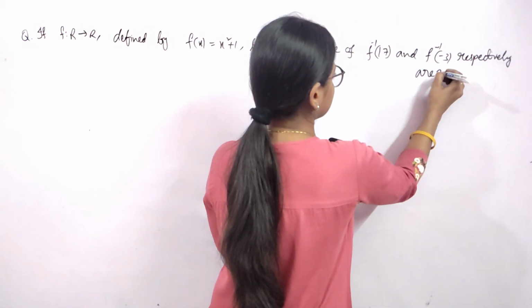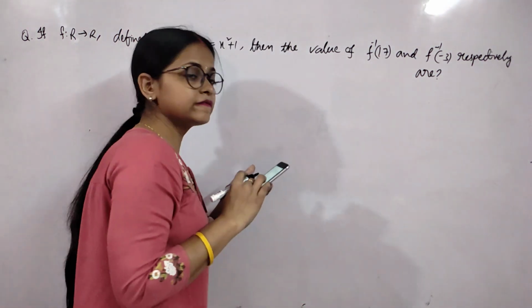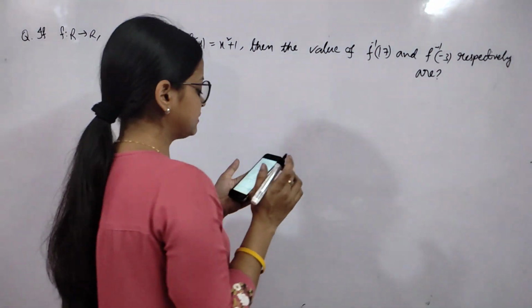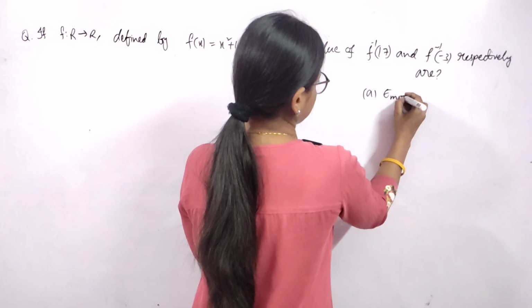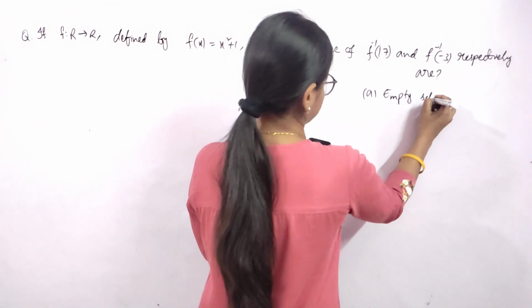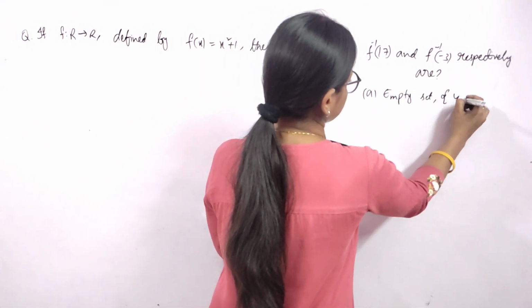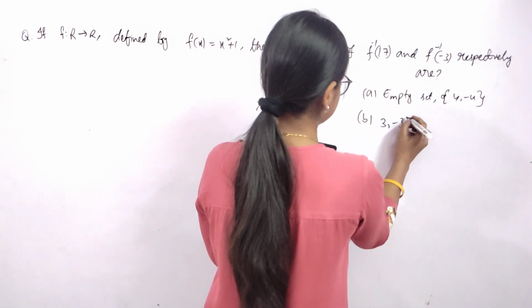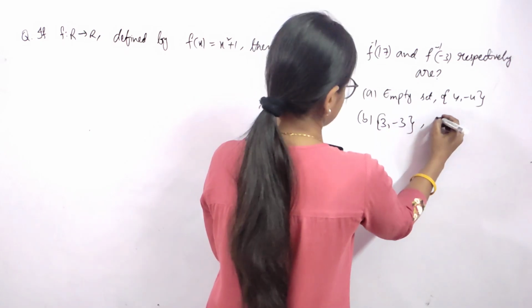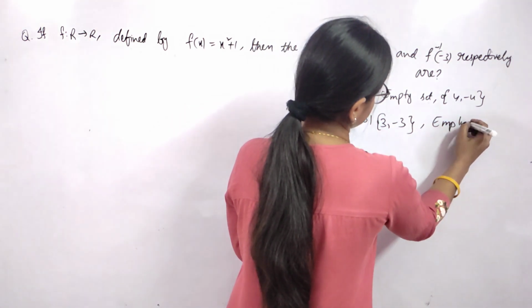So this is the given question and the options are: A is empty set comma, then the set 4 comma minus 4. B option is 3 comma minus 3 in the set, empty set.